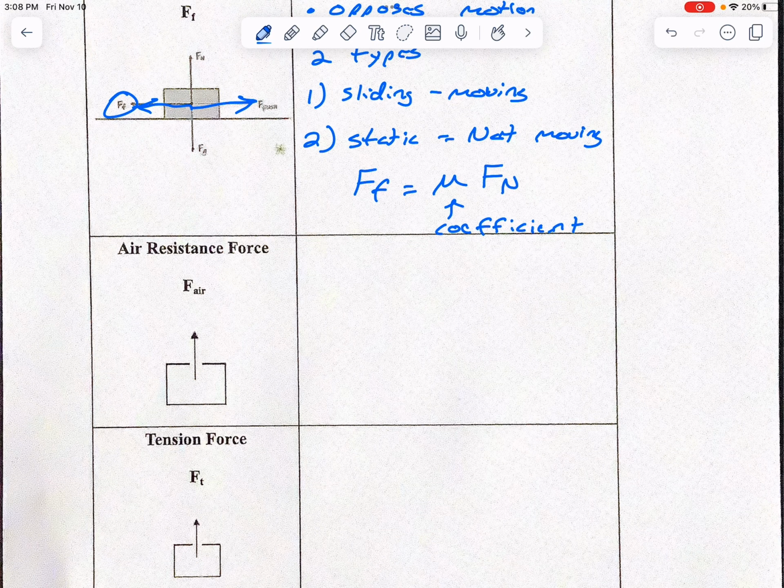Then you have air resistance force, which is basically the same thing, except you're falling. So F_air is a frictional force that acts on an object through the air.